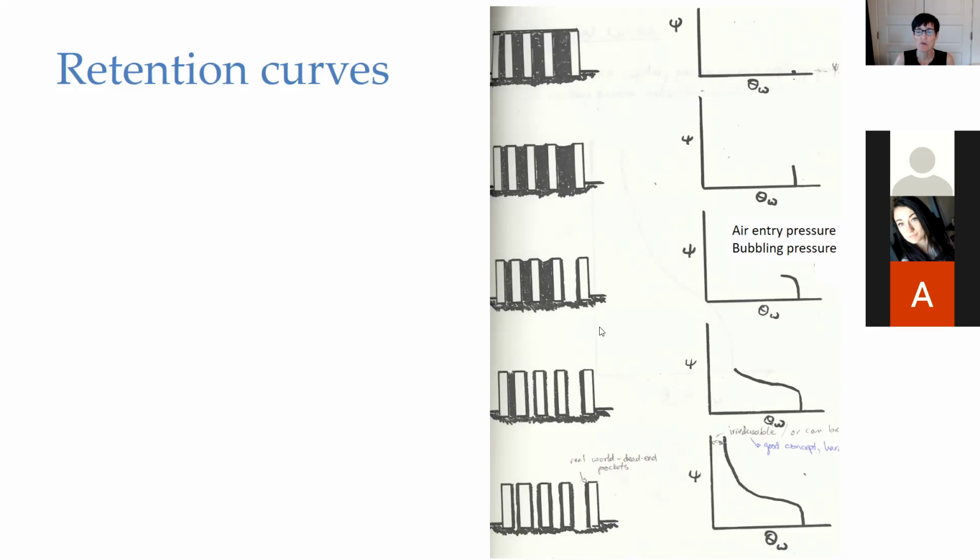This is a fake, idealized soil. It's a bunch of capillary tubes of different widths, and that's a reasonable approximation of soil because soil is a bunch of capillary tubes of different widths. They're just a lot squigglier than these idealized rectangular ones.